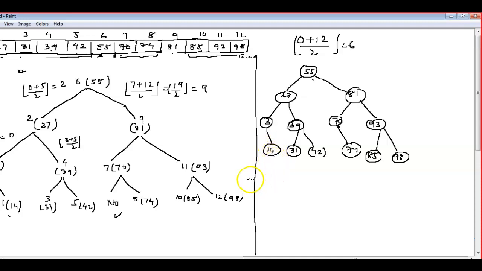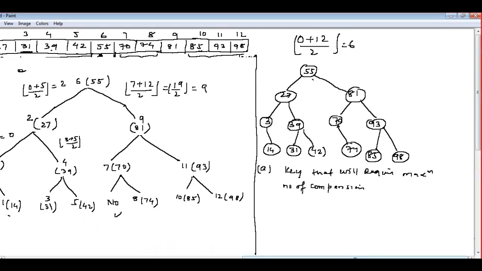Okay, so you can write it here. In the answer you can write the key that will require the maximum number of comparisons. Which one is it? See here, this one we got it, no?